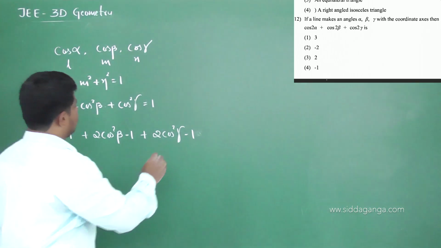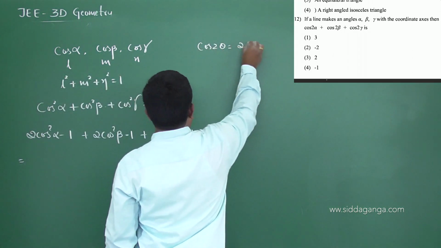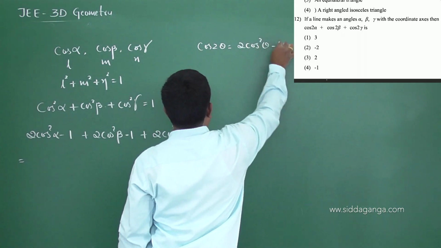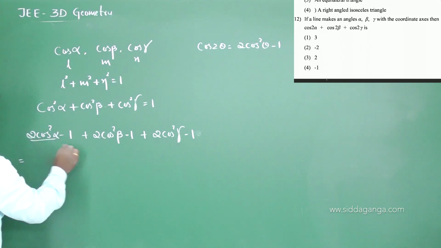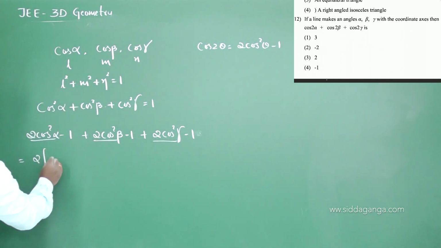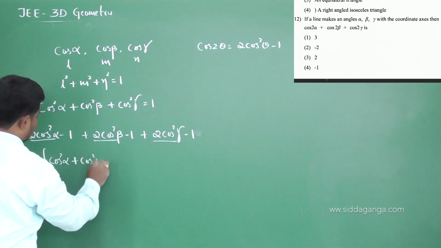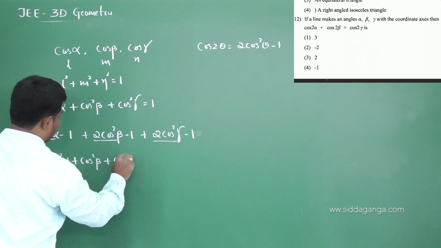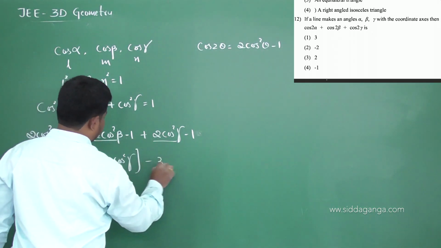We use the result cos 2 theta equals 2 cos square theta minus 1. Then 2 cos square alpha, 2 cos square beta, 2 cos square gamma. So 2 times of cos square alpha plus cos square beta plus cos square gamma, minus 1 minus 1 minus 1, so minus 3.